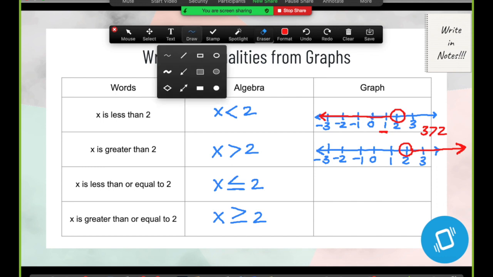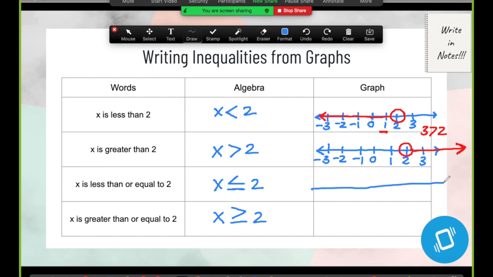Let's look at the other one right here, the other statement where we have 0, 1, 2, 3, and then -1, -2, and -3. In this case, we have this equal sign, and because we have the equal sign, that means that rather than leaving it empty, we're going to fill it up.